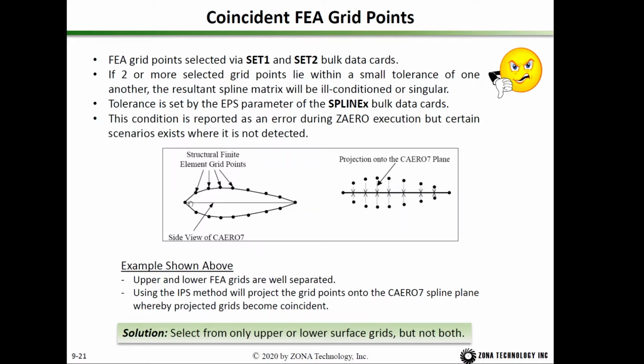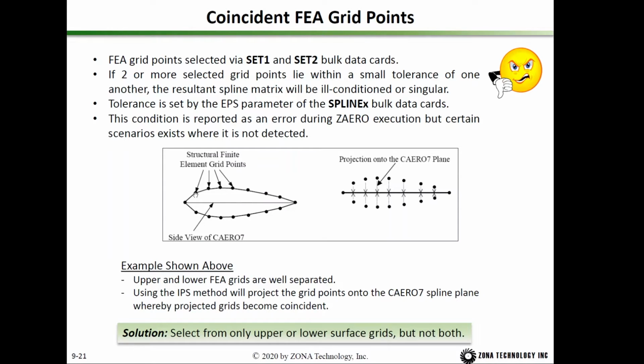If you include both upper surface and lower surface in the spline, using the IPS method, IPS will project the upper grid and lower grid to the spline plane, and on the spline plane you may have two grid points at the same location. So this is a fatal error. To avoid this, you can select the grid either from the upper surface or from the lower surface, but not both.